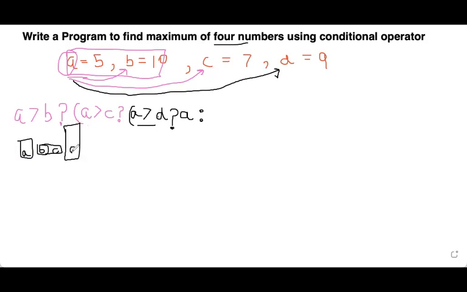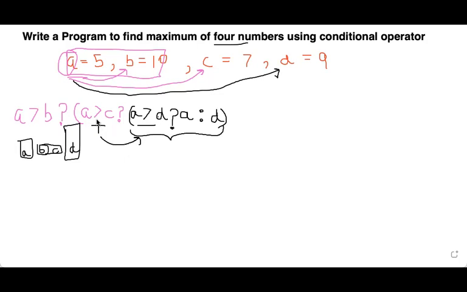So here you can draw it like this. Now D is bigger. If D is bigger than A, it means D is maximum among all the numbers. So here you're going to write D is maximum and close the expression, right? So here you have completed this sub-expression: if A greater than C is true, you're going to execute these expressions, right? I hope it is getting clear.